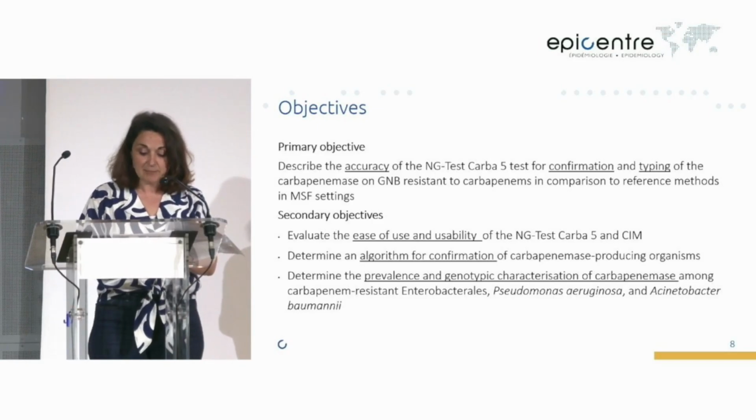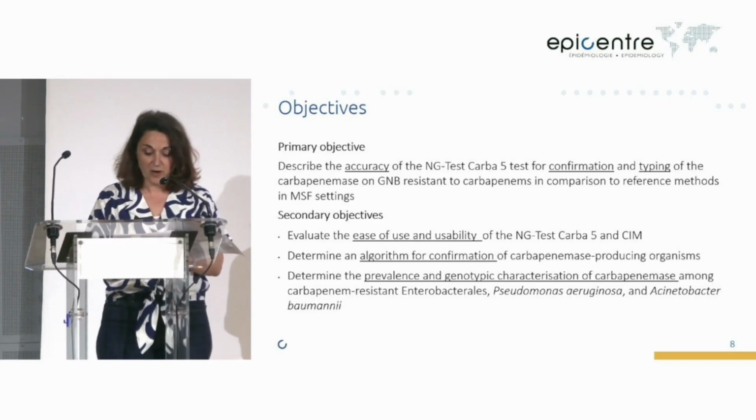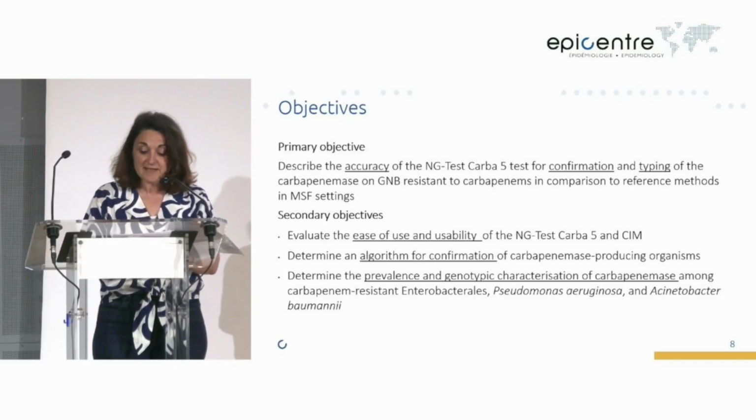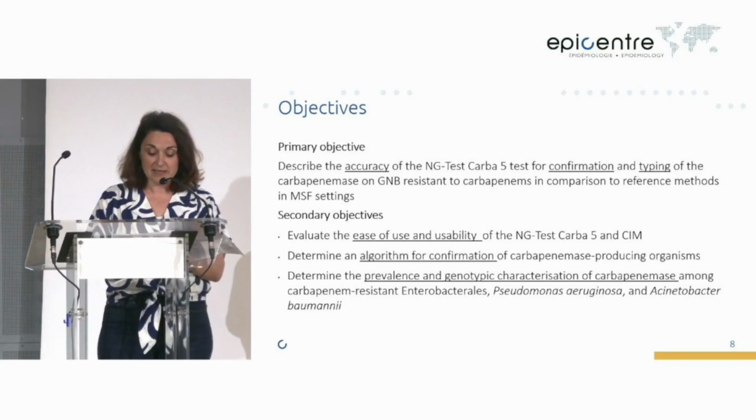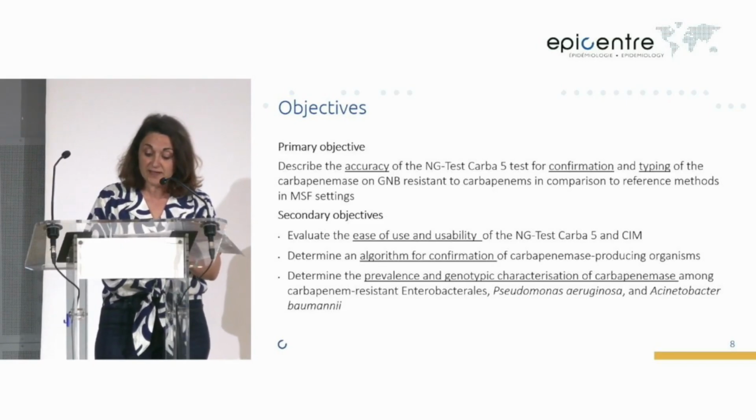We also looked at the ease of use and ability for lab technicians to interpret the tests. It's also something that could help us to determine the algorithm for screening and confirmation of CPEs.